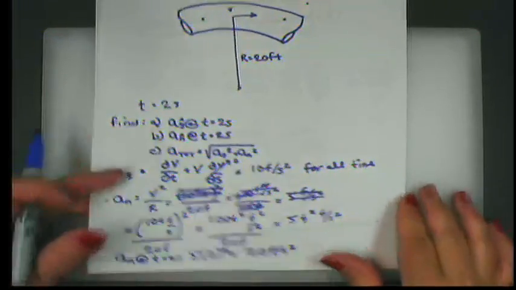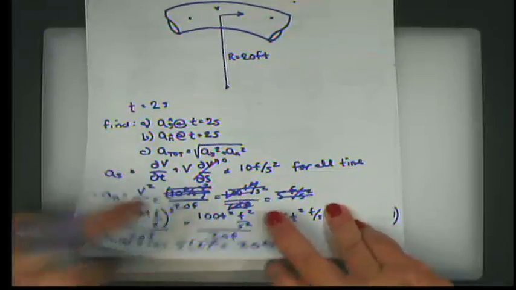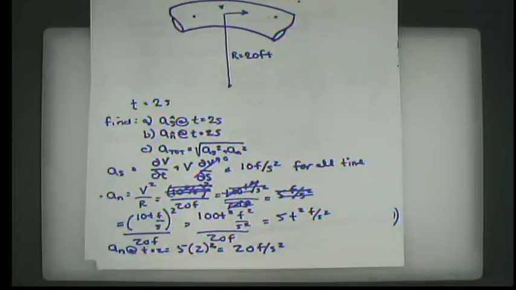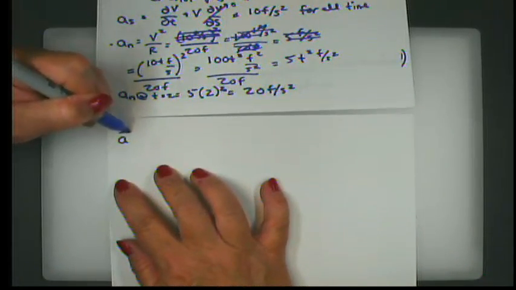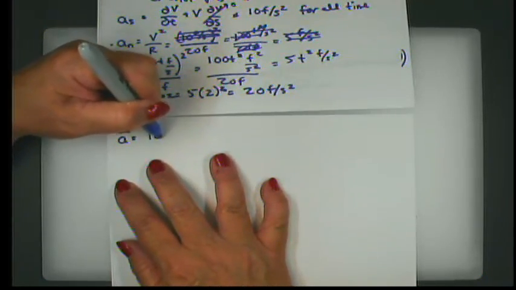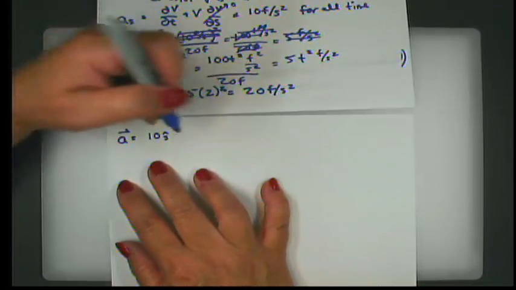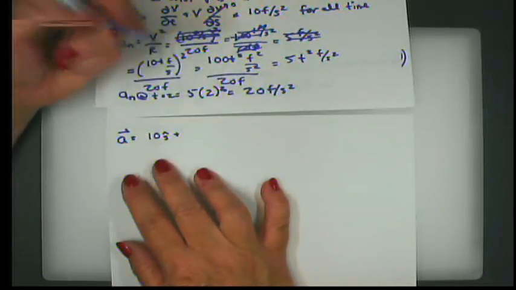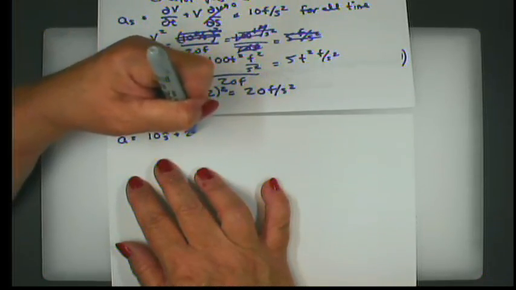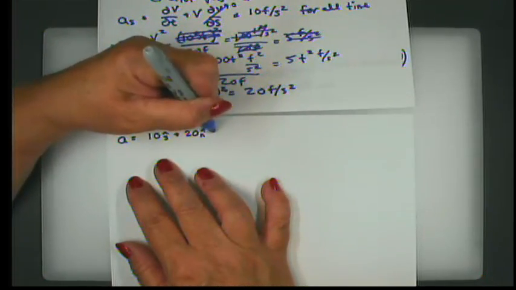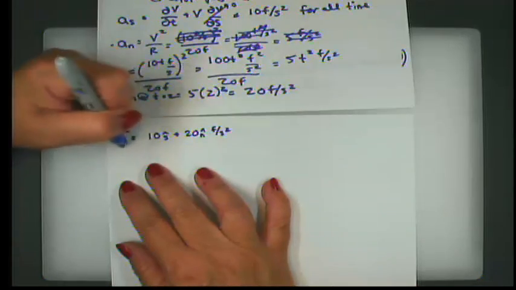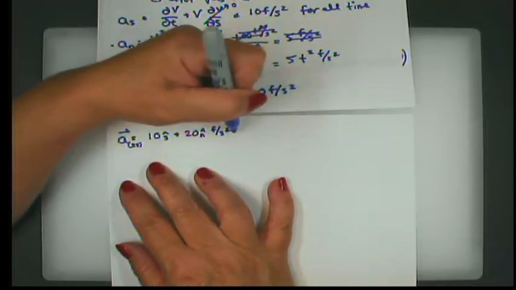All right, so if I were to write that as a vector in SN coordinates, I would write the acceleration is equal to 10 s cap plus 20 n cap feet per second squared at 2 seconds.